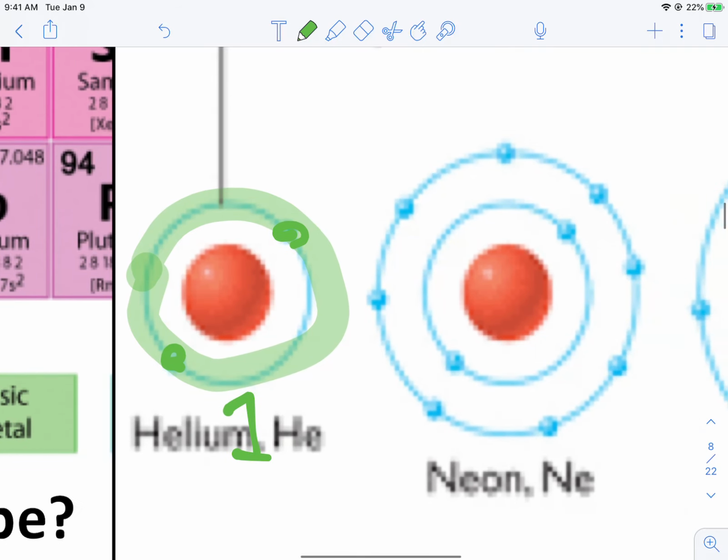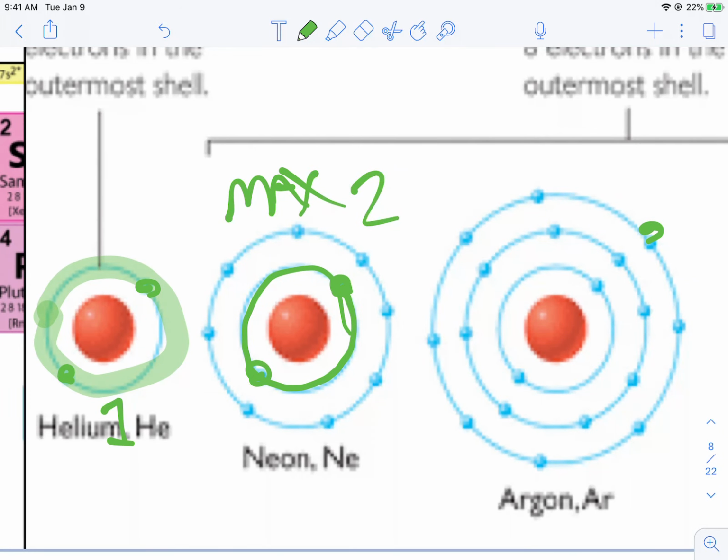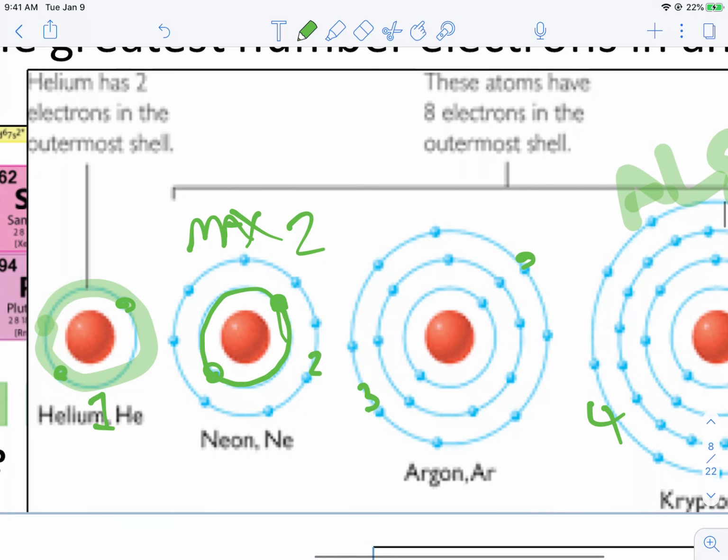But the rule is that on your first level, your first subshell, you can only fit a maximum of 2 electrons. The other part of this rule is that if you look at all the other valence shells, anything outside of the first one, so the second, the third, the fourth one, you can put as many as 8.